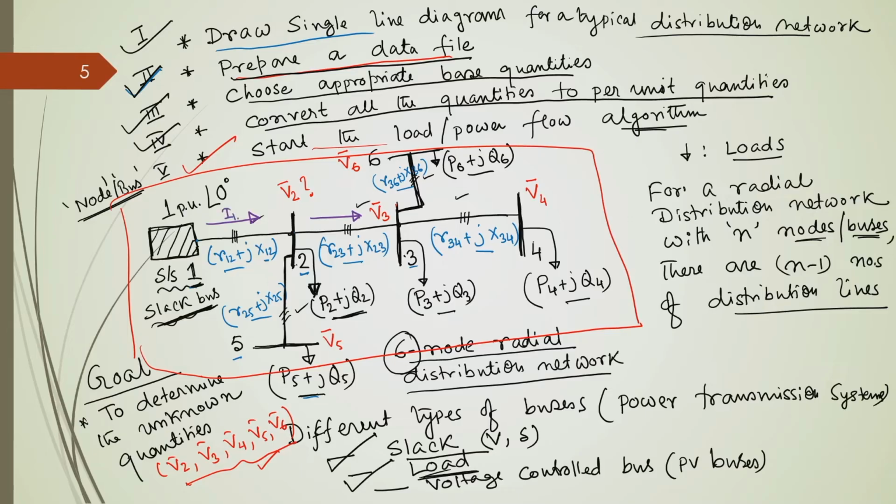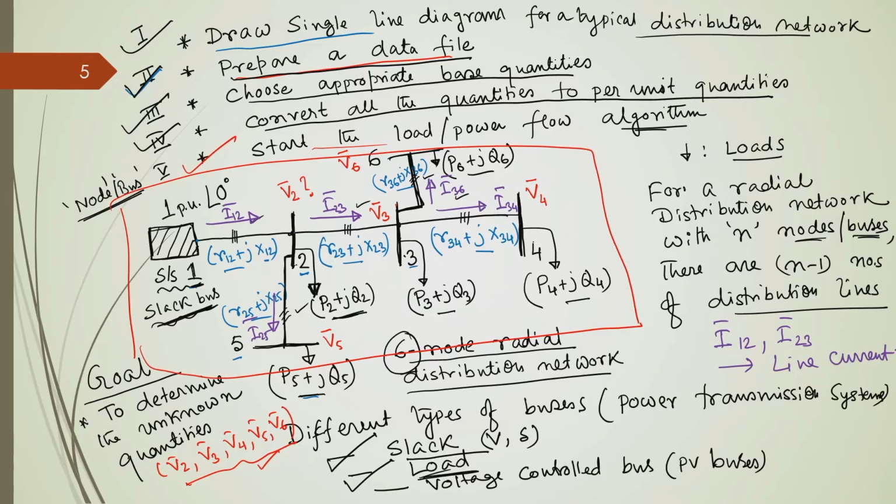So, these are represented by I 12 bar, I 23 bar, then I 34 bar and so on. Okay. So, here I 25 bar and here I 36 bar. So, these I 12 bar, I 23 bar, these are basically line current.